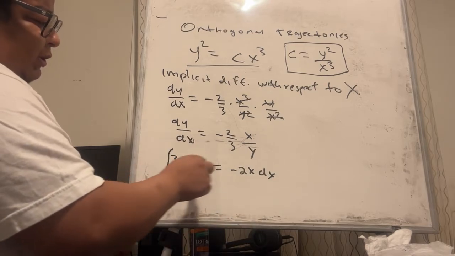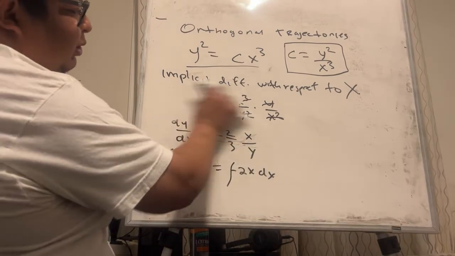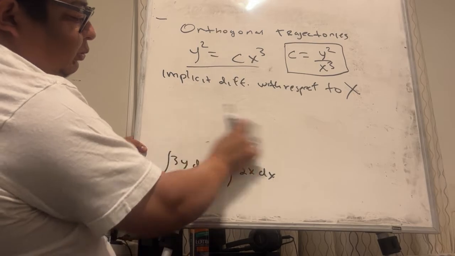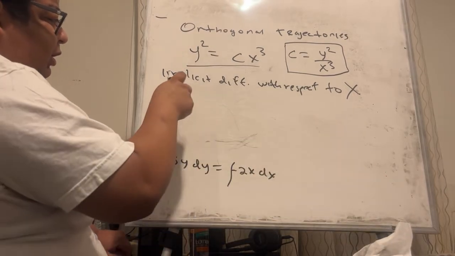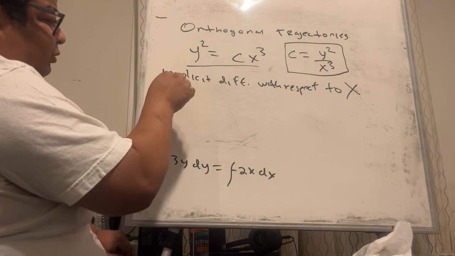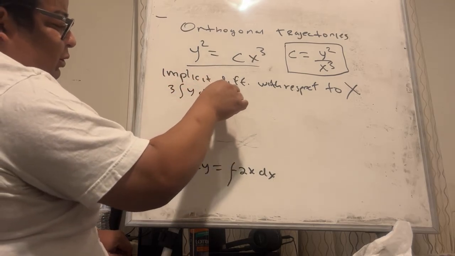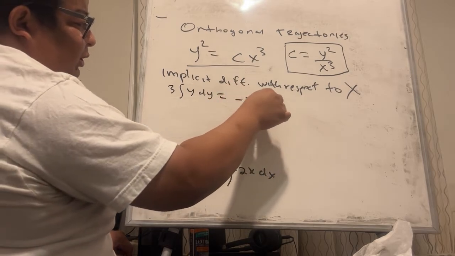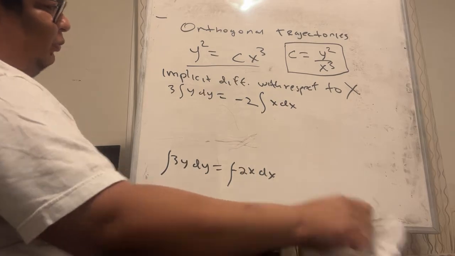Now we integrate both sides with respect to each variable and get as follows. 3y dy equal to negative 2x dx.